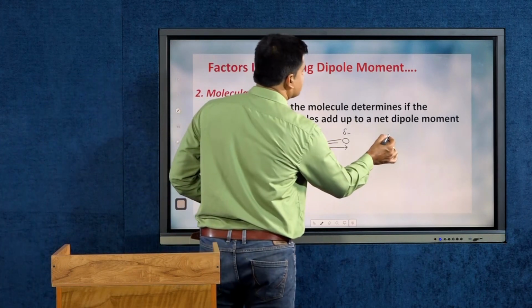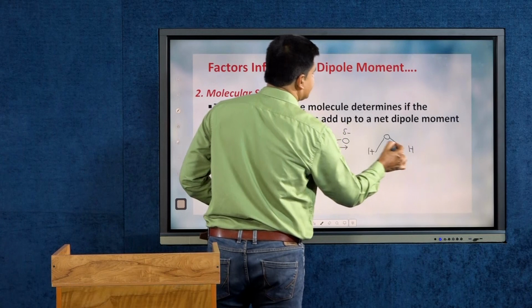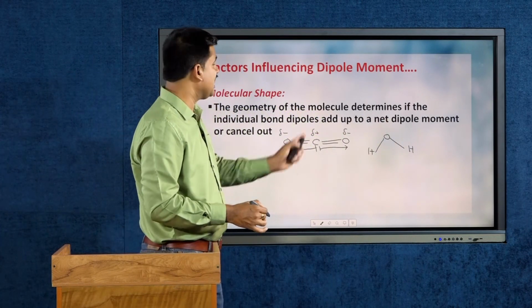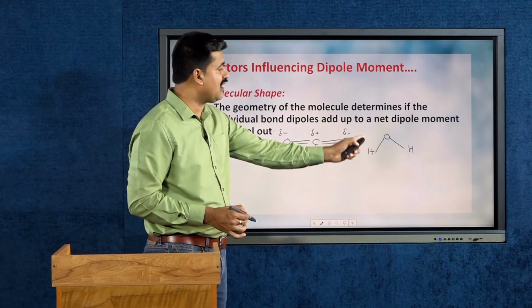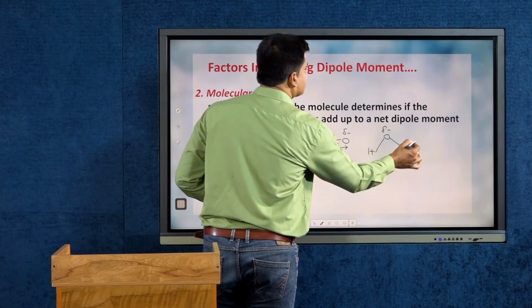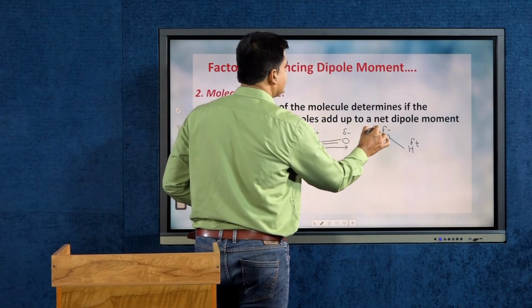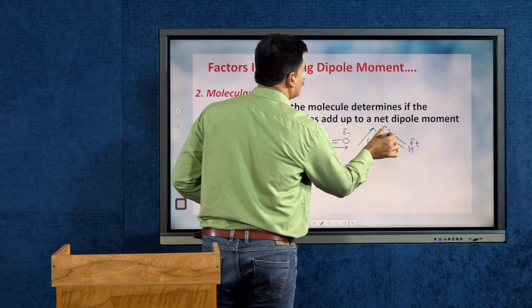Similarly, if I am taking the water molecule, which is represented as HOH, it is also a triatomic molecule. Carbon dioxide is a triatomic molecule. Water is also a triatomic molecule. But here there is no vector cancellation effect due to this bent shape. One vector moving like this, another vector moving like this.